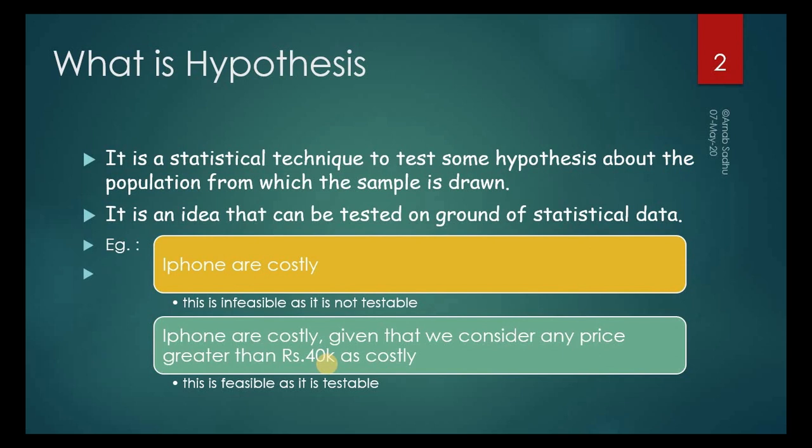So you have to establish that whatever conclusion you are drawing from the sample is true for the population as well, or your hypothesis has to be justified with the population as well. So hypothesis actually concludes two things: that your sample selection is good, and that the research conclusion you are trying to convey from your sample is actually true for the population as well.